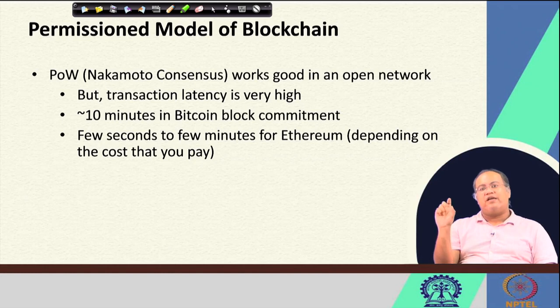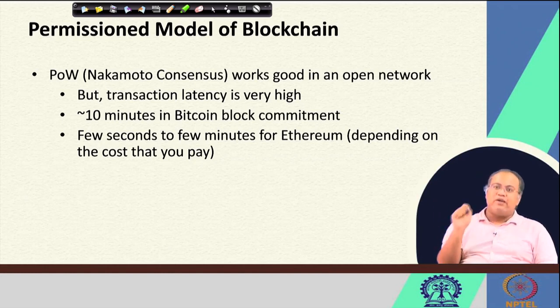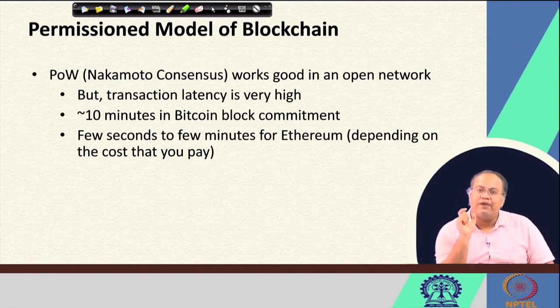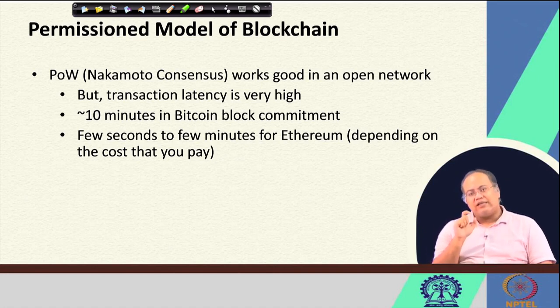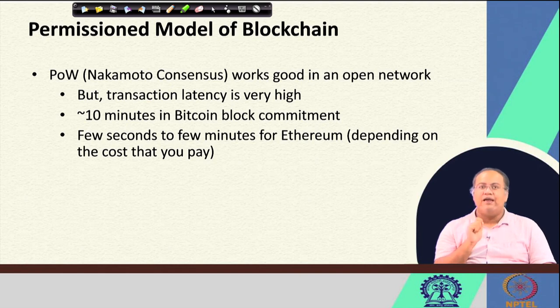So, the moment certain information has happened, you need to immediately log it. If it gets delayed for a few minutes to a few hours, then what might happen is that by that delay certain fraud might occur. Well, so that way these enterprise applications demand that the transaction throughput needs to be very high and the latency needs to be very low.